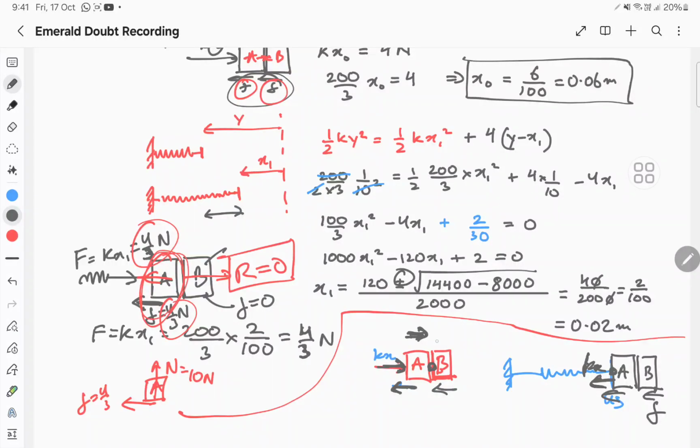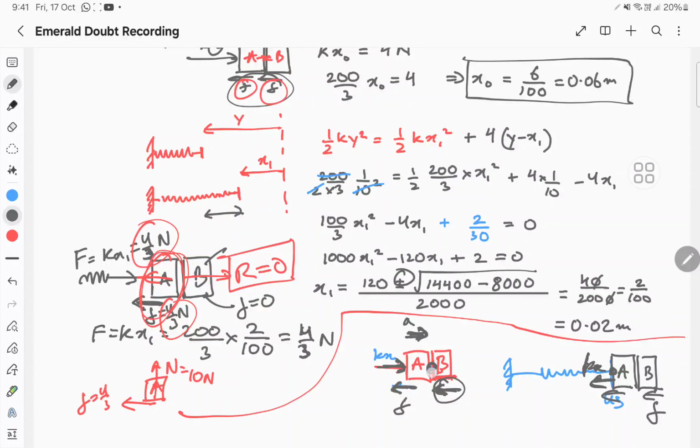Acceleration considered forward, as A I am talking about, so kx forward minus F. However, B will have only this F backwards, and hence A's acceleration in the forward direction, A can have a negative acceleration by the way, will always be greater than B.